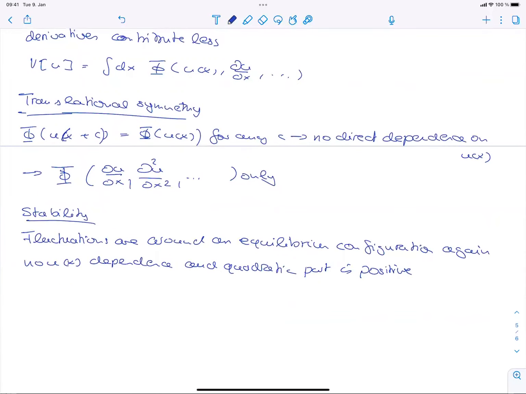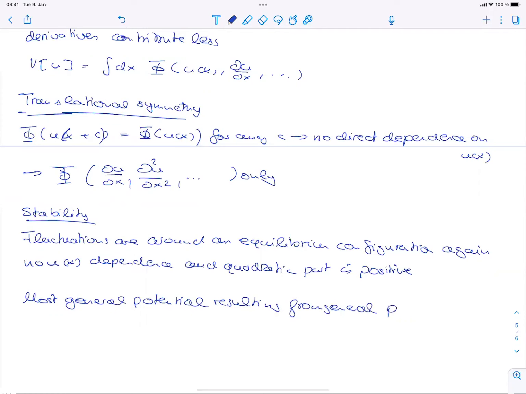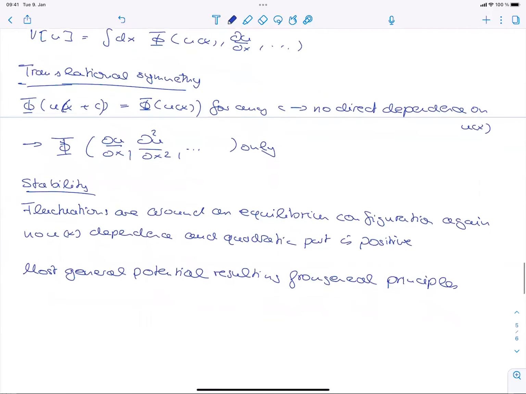Okay. And so the approach is to start with the most general potential resulting from those general principles. That would be V of U, X, that would be du dx.